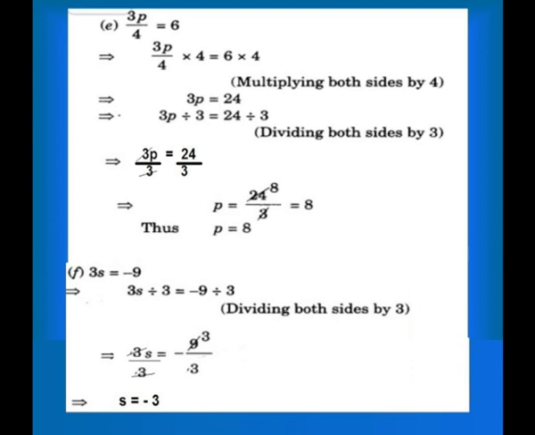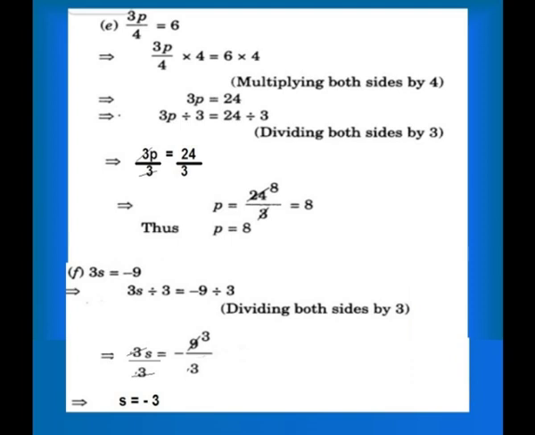In LHS, 3 and 3 will be getting cancelled, so that it becomes p. Our RHS is 24 by 3, which is equal to 8. Thus p is equal to 8, which is our required solution. F subdivision, 3s is equal to minus 9.